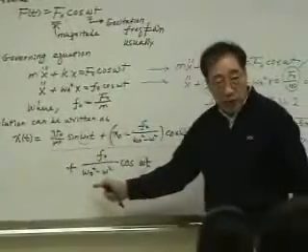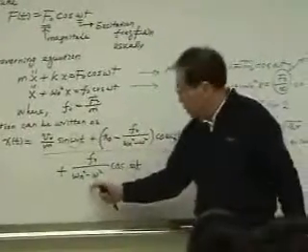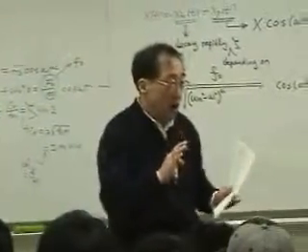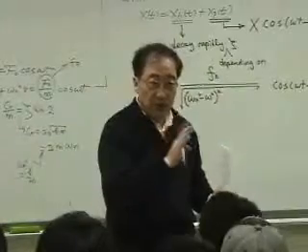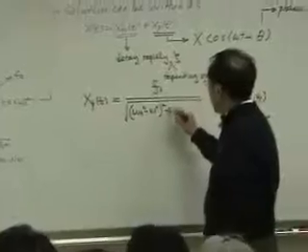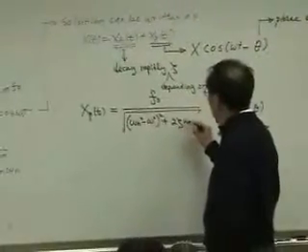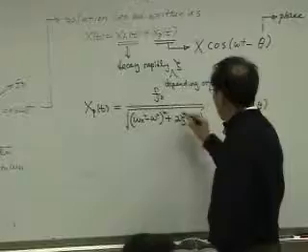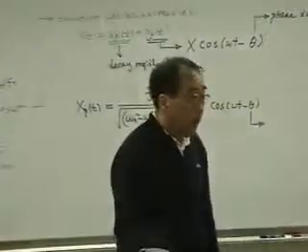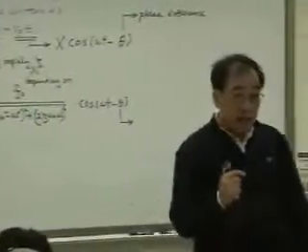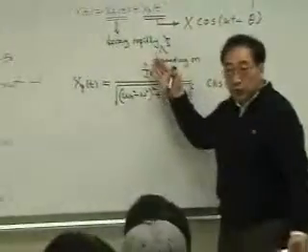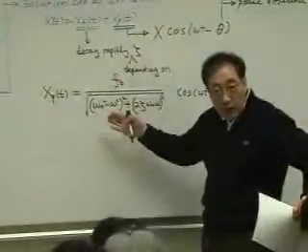Therefore, the magnification factor is only controlled by omega n square minus omega square, meaning how far I am exciting the system from the natural frequency. But in this case, okay? So if zeta, the damping ratio, is getting bigger and bigger, this magnification factor goes down and down.